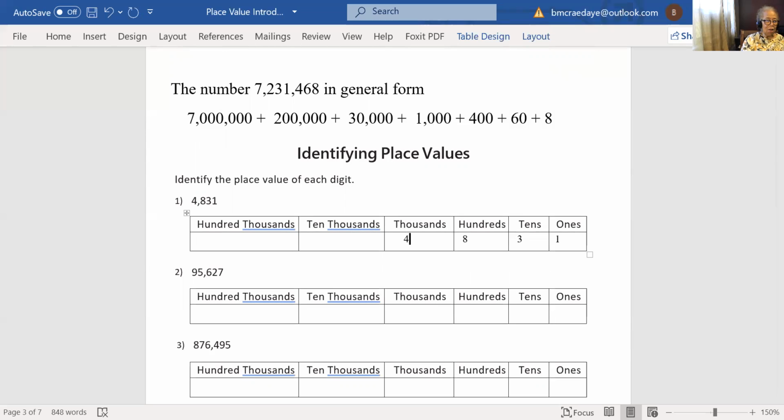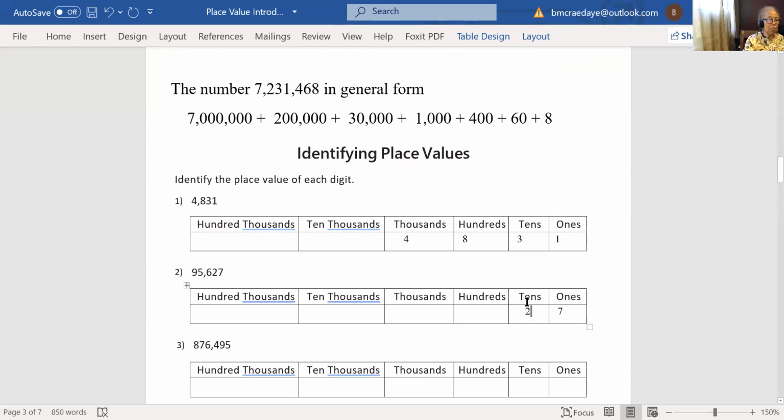Okay, follow along as we go to the next number, 95,627. What goes in the ones column? A 7. So we put a 7. Okay, what goes in the tens column? 20. 2 times 10 is 20. So that's 2 tens. So we put a 2 here.